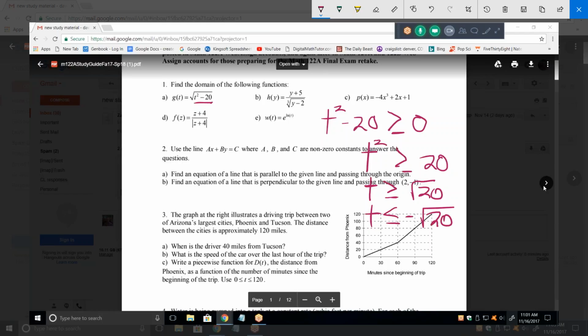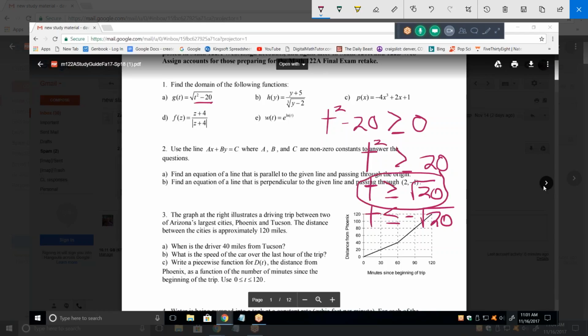Notice that if t was negative square root of 50, then t squared would be 50. So that would work just fine. The negative number that ends up being squared has to be greater than or equal to 20. And both of these work.